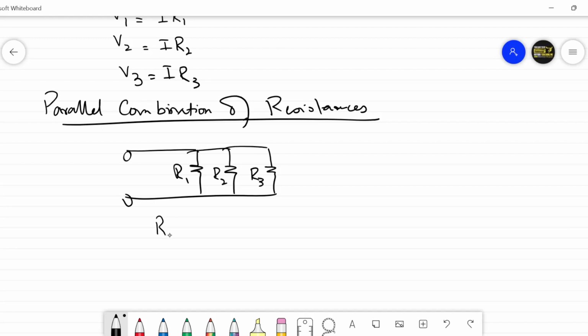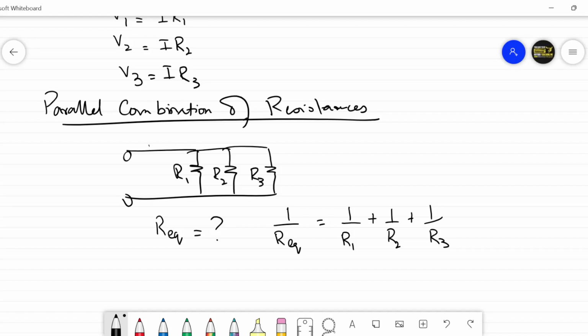Then the equivalent resistance, R equivalent, how to calculate that? Simply 1 by R equivalent in this case will be equal to 1 by R1 plus 1 by R2 plus 1 by R3. Fine, so on. If you have n number of resistances in parallel, then equivalent resistance will be given by 1 by R1 plus 1 by R2 plus 1 by R3.